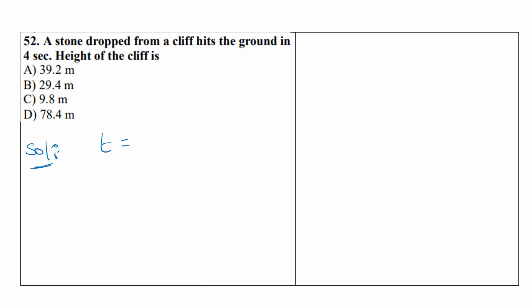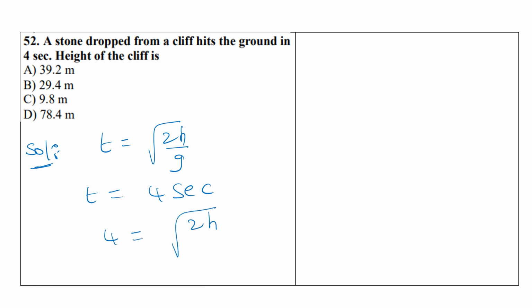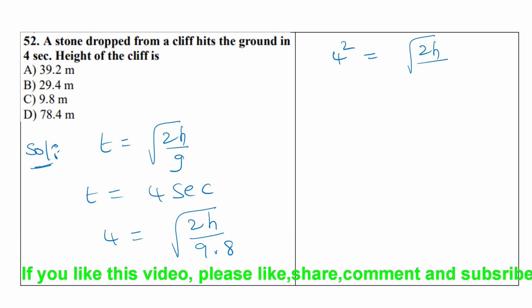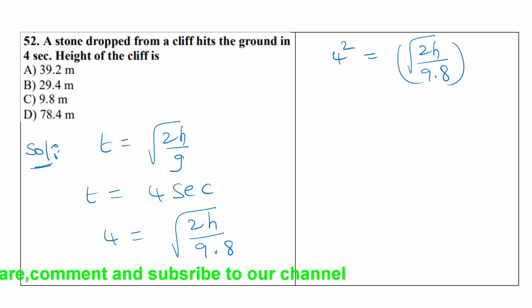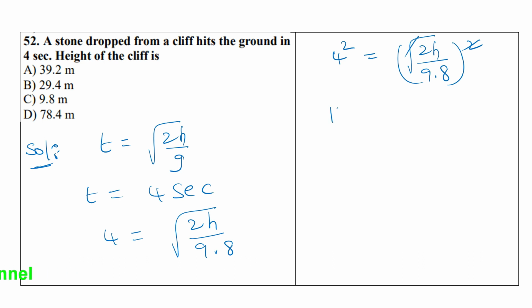t is equal to root of 2h by g. Here they have given t is equal to 4 seconds. So substituting 4 in this equation, we get 4 is equal to root of 2h by 9.8. Taking squares on both sides, 4 square is equal to the square of root of 2h by 9.8. The square and square root get cancelled, so 16 is equal to 2h by 9.8.